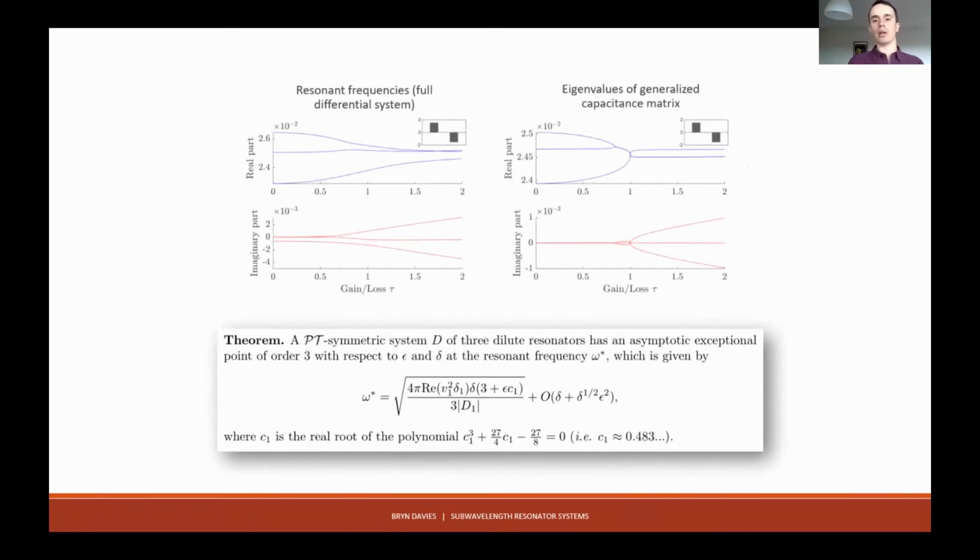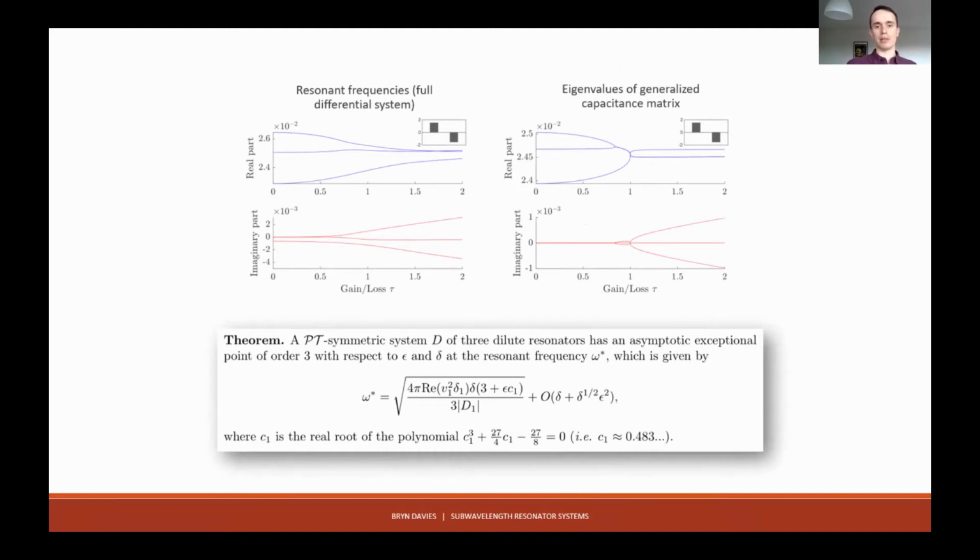Here we're comparing on the left the resonant frequencies of the full system with, on the right, the eigenvalues of the capacitance matrix. You can see that there's normalization going on here, but at tau equals 1 on the x-axis, the generalized capacitance matrix has this exact degeneracy, whereas this is only asymptotic in the full differential system.